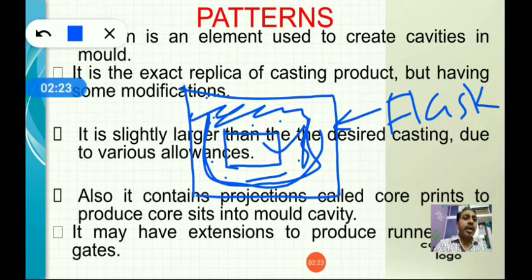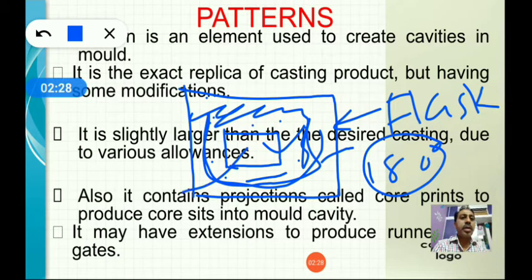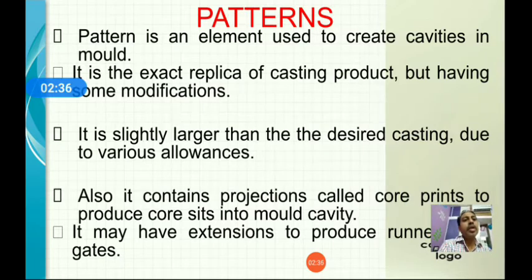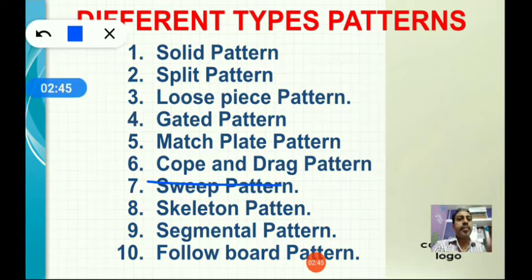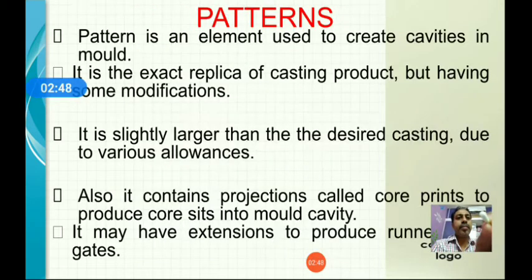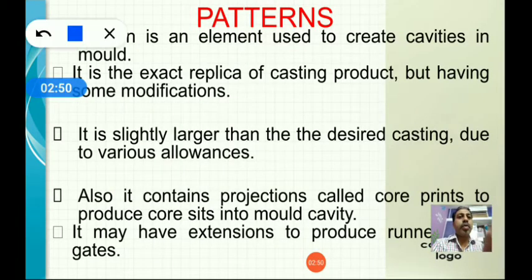Then turn it 180 degrees and withdraw the pattern so that the cavity is produced. So ultimately the role of the pattern is to create the desired cavity in the mold. A pattern is an element used to create cavities in the mold.